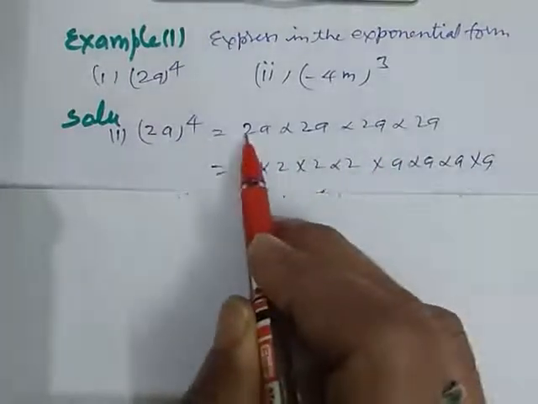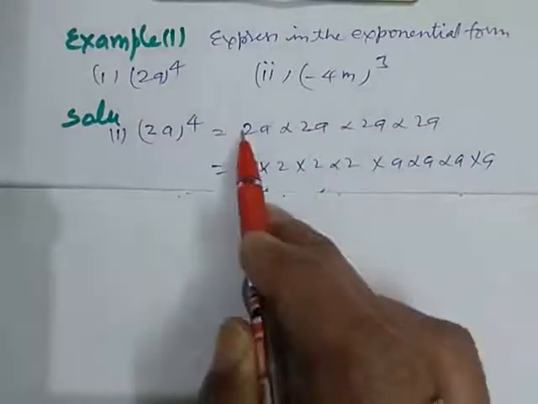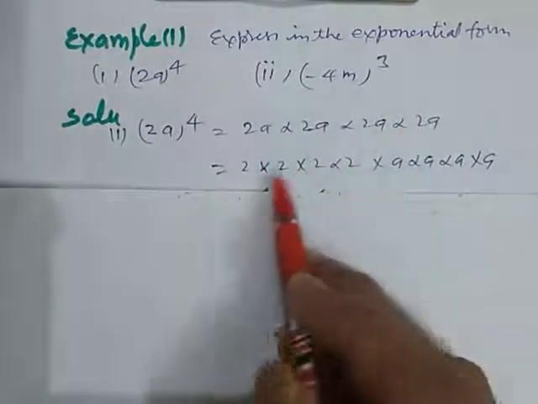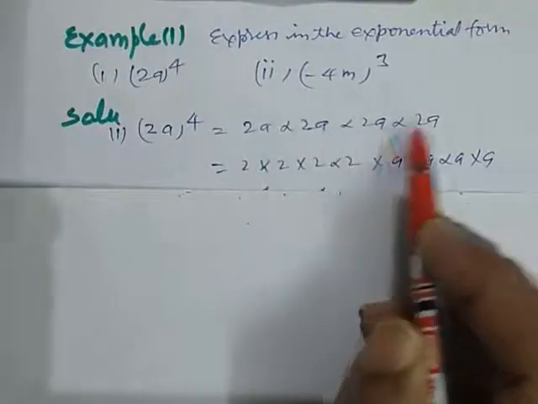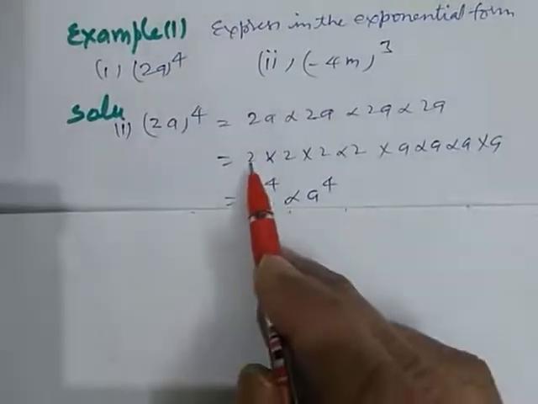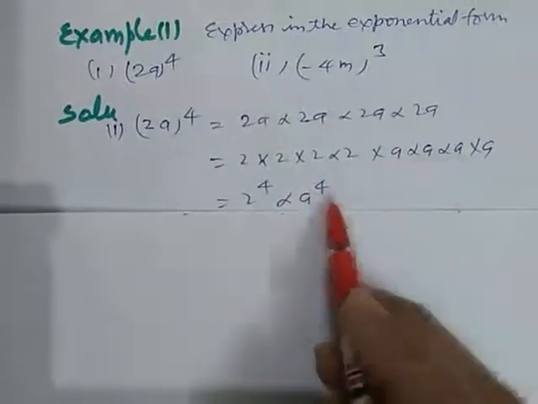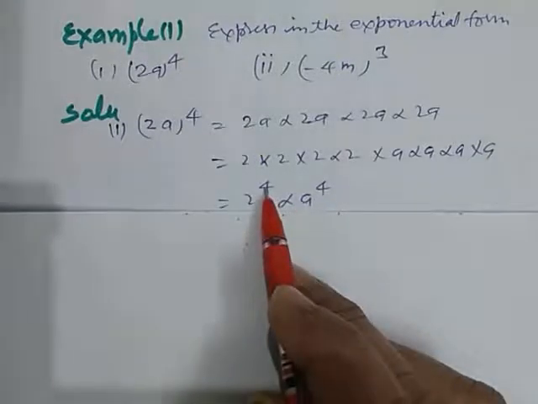Now take the numeral part together. 2, 2, 2, 2, 4 times. So 2 into 2 into 2 into 2, 4 times. a 4 times, so a into a into a into a, 4 times. So this becomes 2 raised to the power 4 and this becomes a raised to the power 4. Here the bases are different but the powers are the same.